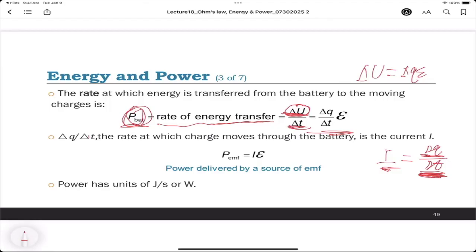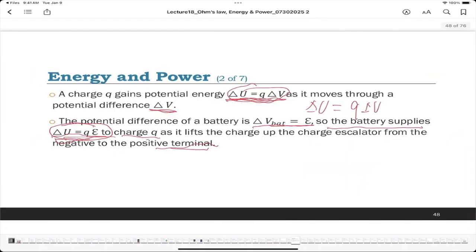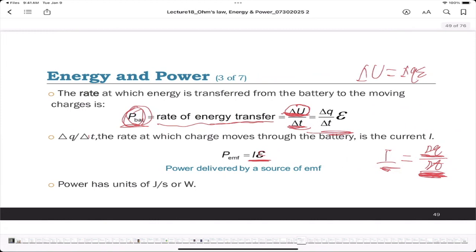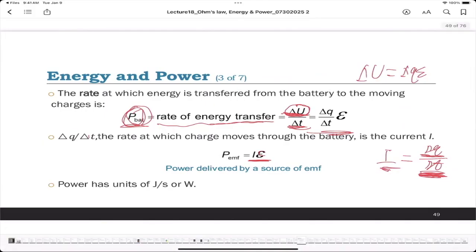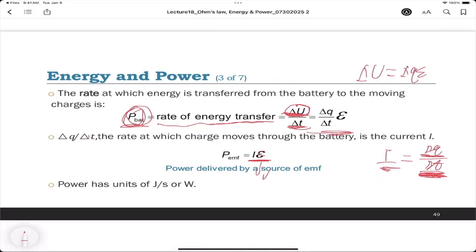So this rate of energy transfer can be written as this equation: I multiplied by the potential difference of the battery. This is the power delivered by a source of EMF, similar to IV. Does that make sense to you?